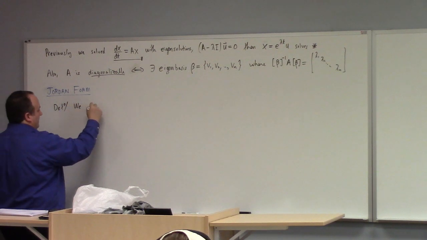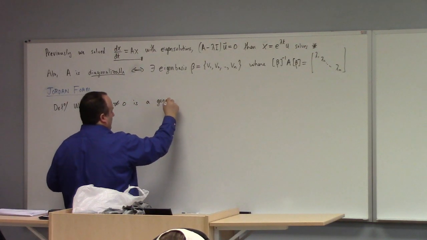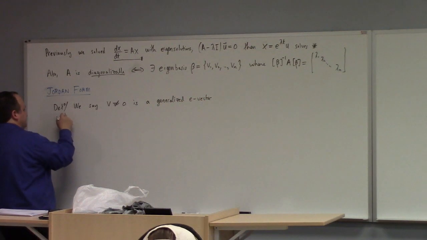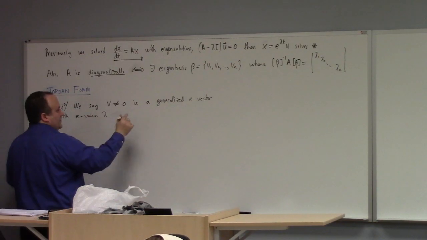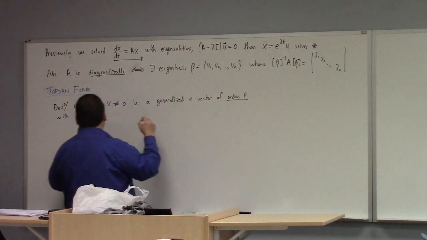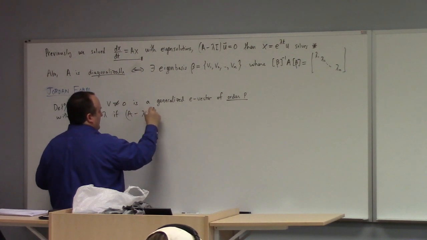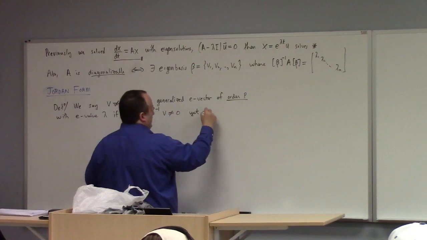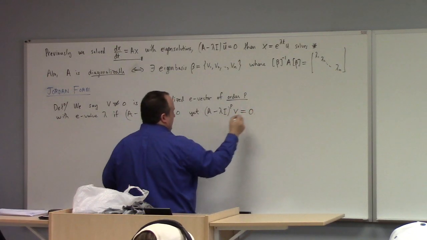We say v not equal to 0 is a generalized eigenvector with eigenvalue lambda of order p if (A - λI)^(p-1) acting on v is not equal to 0, yet (A - λI)^p acting on v is equal to 0.